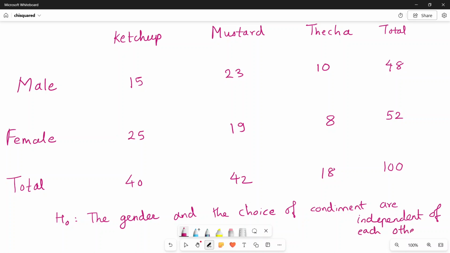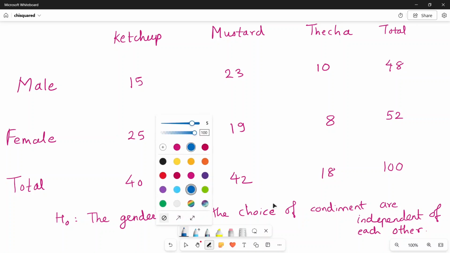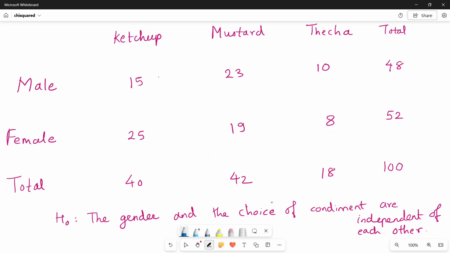That is our null hypothesis. The alternative hypothesis is obviously that the choice of condiment depends on the gender. Now, based on this assumption, we'll calculate the expected values.